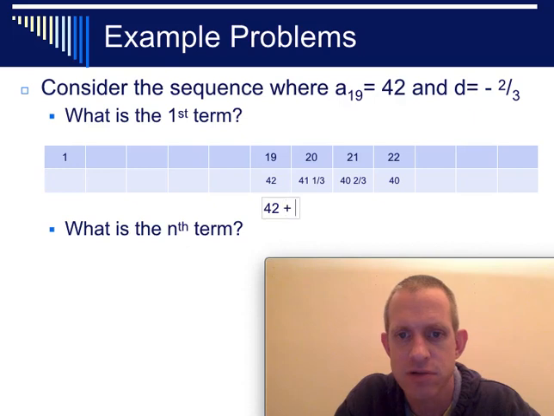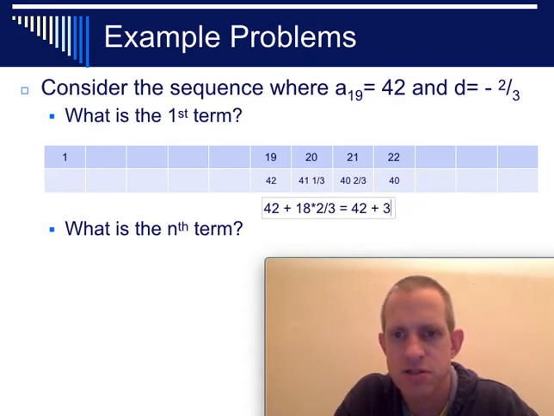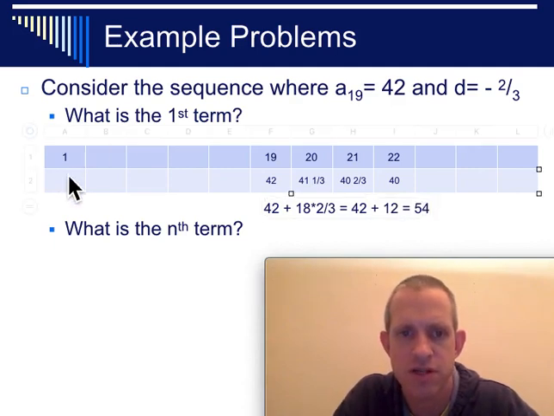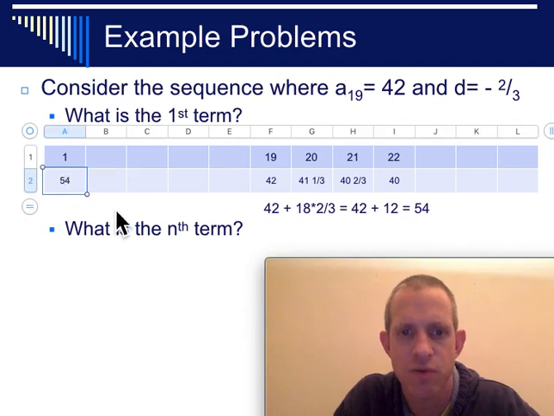So 18 times 2/3, that's 36/3. So 42 plus 36/3. 36/3 is 12. So 42 plus 12 is 54. So the first number in this list should be 54.